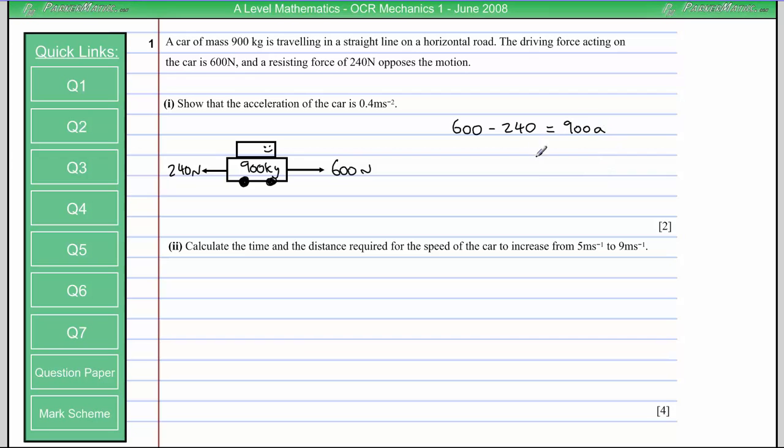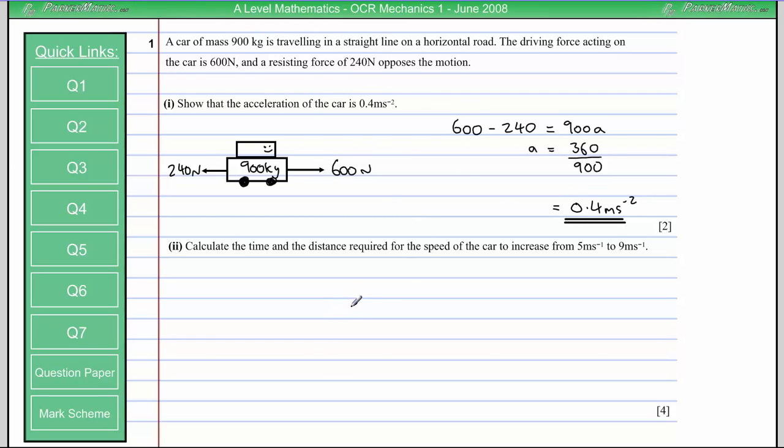All we've got to do to find a is divide through by the 900. So let's work out this bit in our head while we're going. That becomes 360 divided by 900, and if you cancel this fraction down you get 4 out of 10, which is the same as 0.4 meters per second squared. You don't have to do that in your head, you could put it into your calculator, you'd still get the same answer.